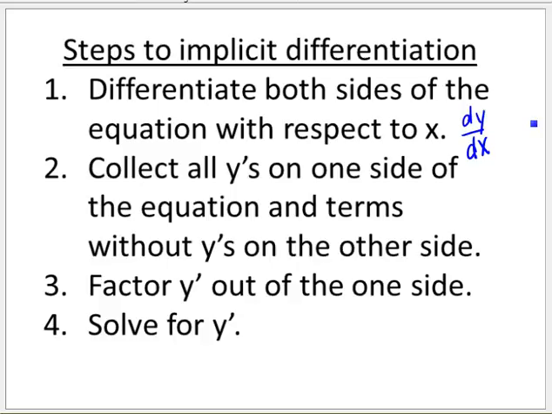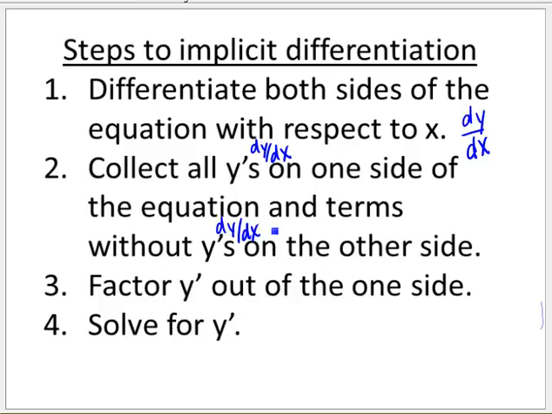The second thing we're going to do is collect all our y primes on one side of the equation. This is also dy over dx's, so we can say we're going to collect all our dy over dx's on one side of the equation. And we're going to put everything without the y prime or without dy over dx's on the other side.